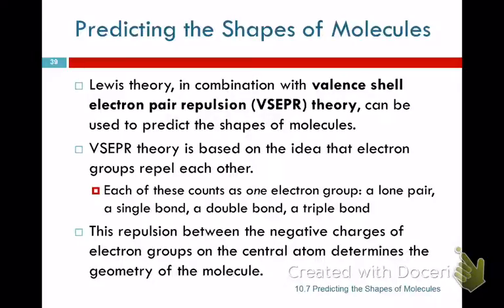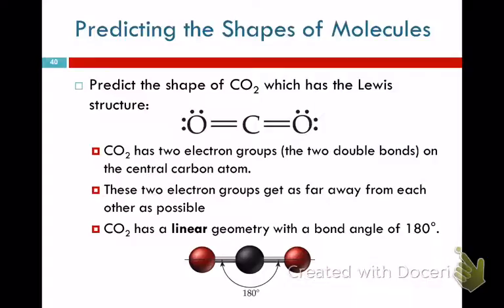And then basically it uses the idea that electrons repel each other to predict shapes of molecules. Simple as that. So let's explain that. Okay? So CO2.